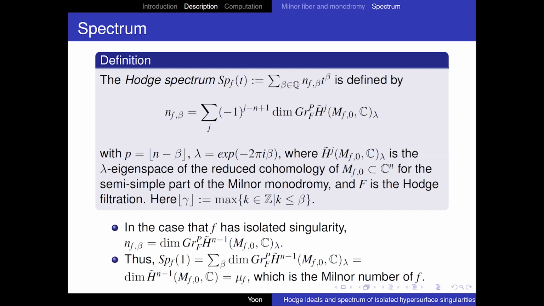Anyhow, for the isolated case, what happens? Put the number 1 into the spectrum, so t equals 1.